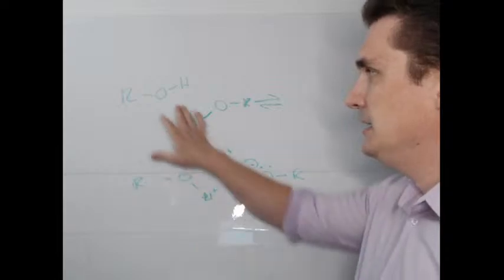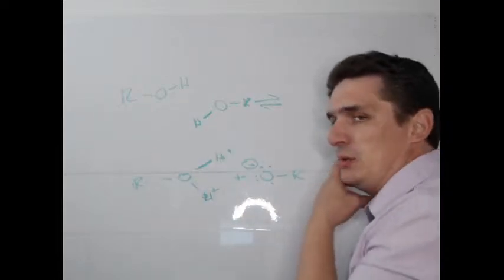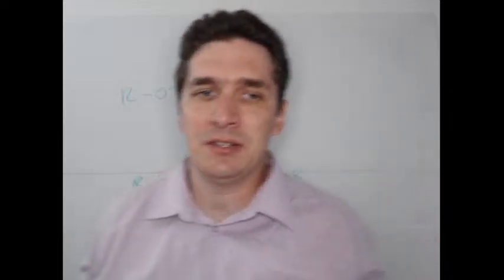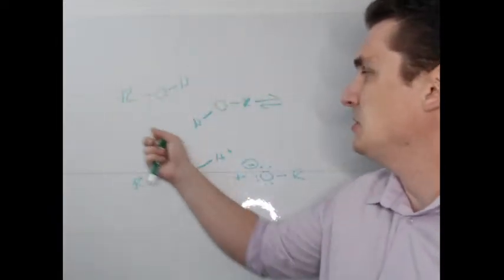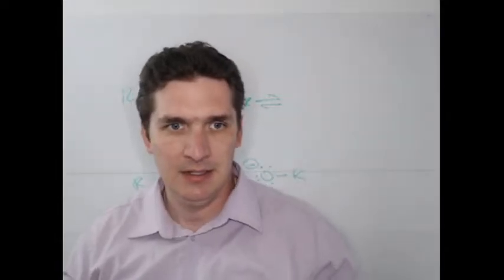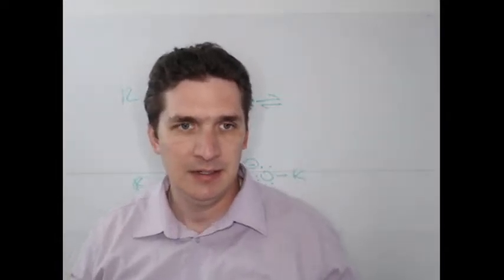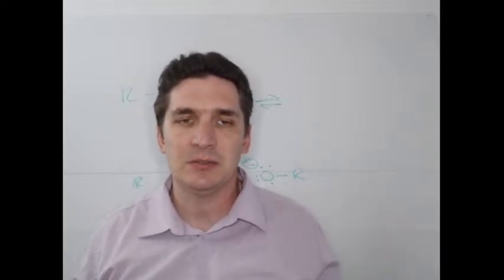And yes, we are technically making and breaking bonds here, but from a big picture standpoint, we ignore that detail that bonds are being made and broken. We're just going to say that because of this, it looks closer to ionic.